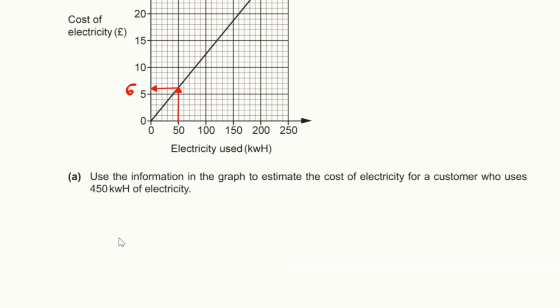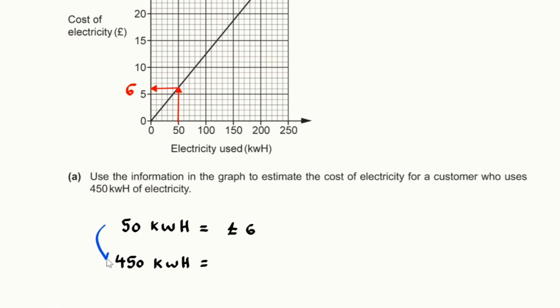So, for 50 kilowatt hours, the cost here is £6, and we want the cost of 450.